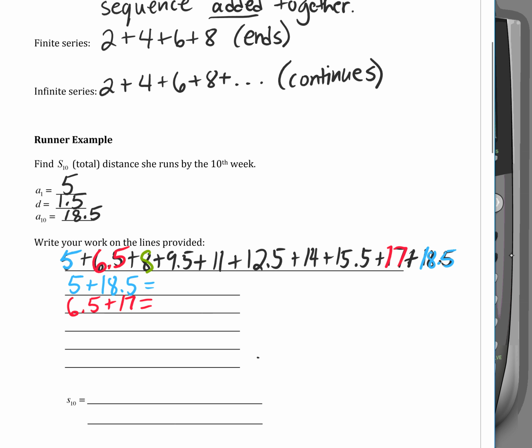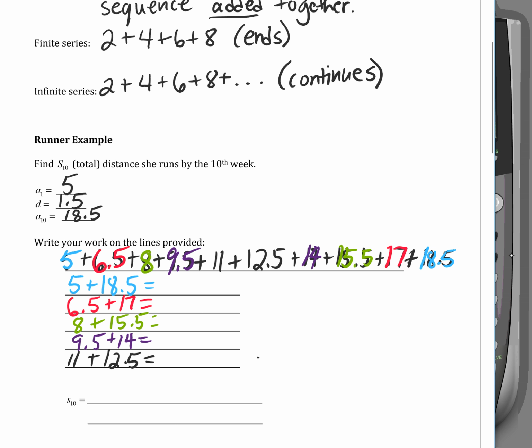I'm going to run out of colors, so I'll do the next one in green, 8 and 15.5, 9.5 and 14. And the last are the two that are left in the middle, the 11 and the 12.5.